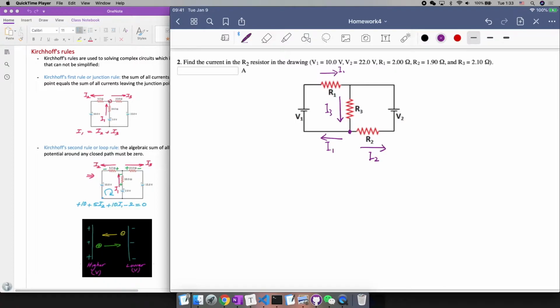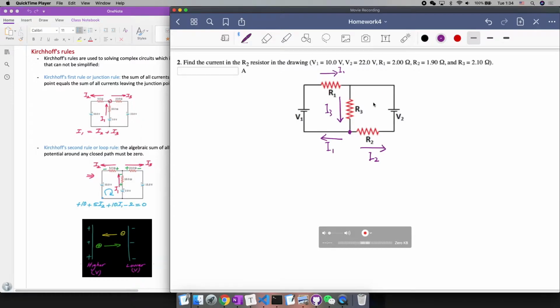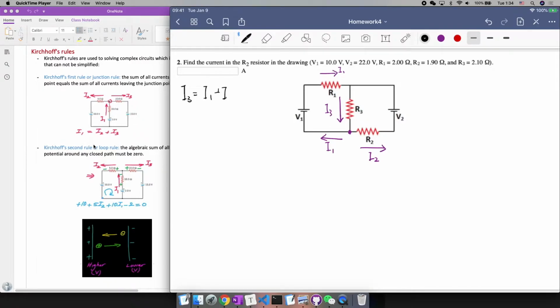So based on the first rule, the sum of all currents entering any junction point equals the sum of all currents leaving the junction point. So we can have an equation here, which is I3 equals I1 plus I2.